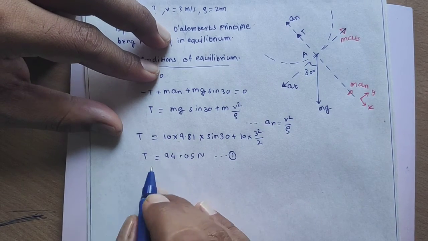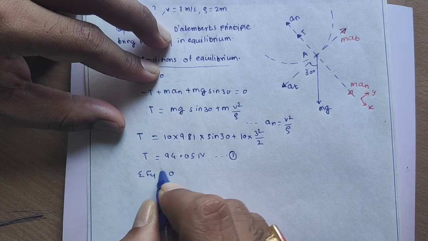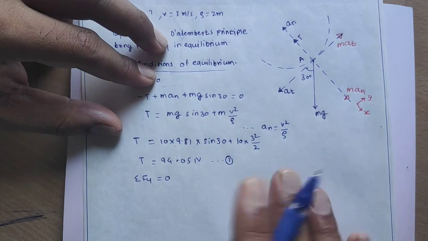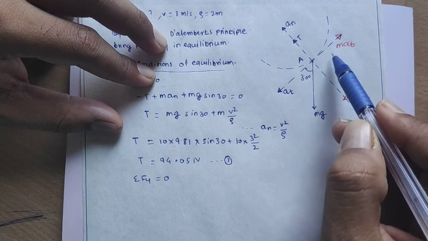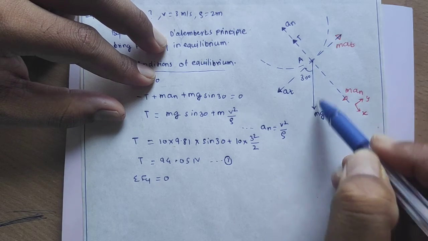Now we have to apply another condition of equilibrium, that is summation Fy is equal to 0. If we apply summation Fy equal to 0, in the y direction the forces are MAT and the component of mg.